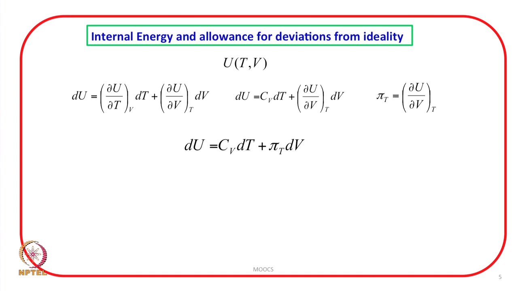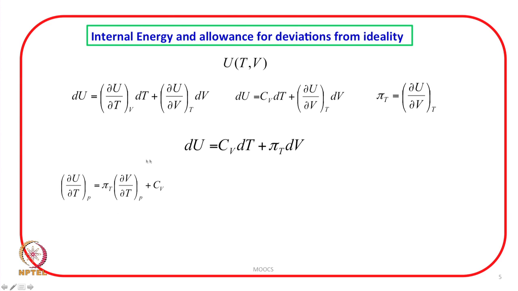If I divide both the left hand side and right hand side by dT at constant pressure, what do I get? I get (∂U/∂T) at constant pressure is equal to π_T into (∂V/∂T) at constant pressure plus Cv. I am just dividing this throughout by dT at constant pressure.